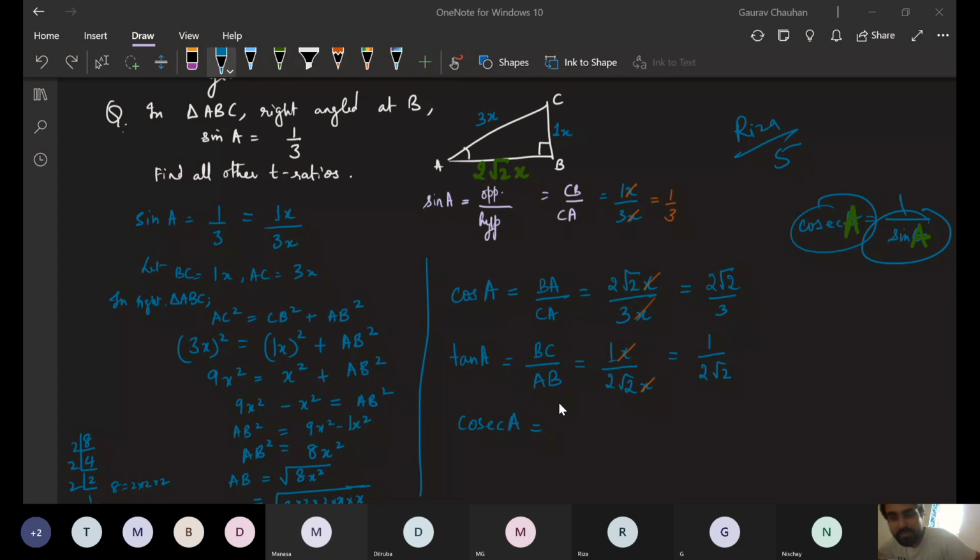You see the original formula, the first table, and tell me. Cosec theta is hypotenuse by opposite side. Can you tell me what will come now? In hypotenuse by opposite side, it is AC by... AC by BC. Very good.